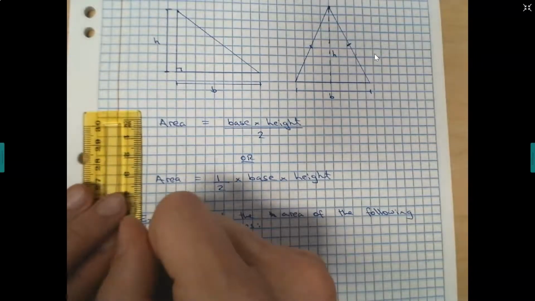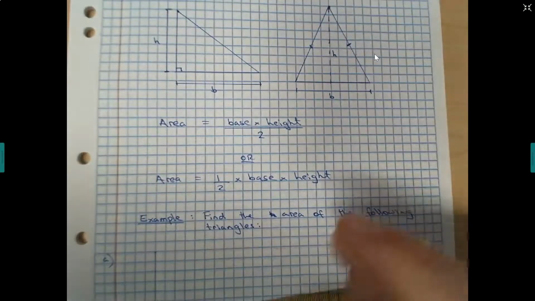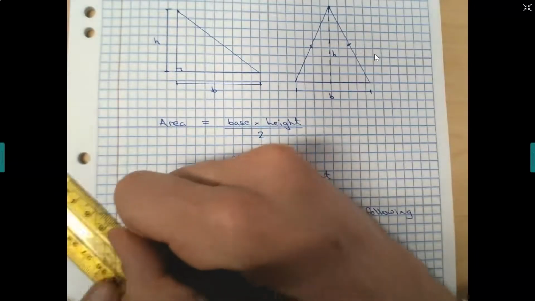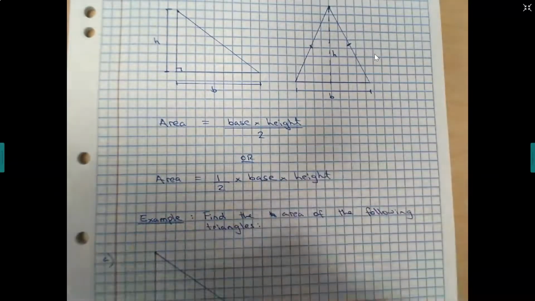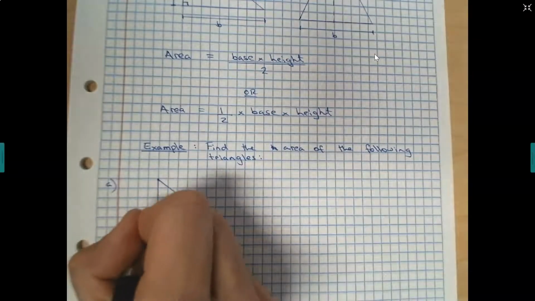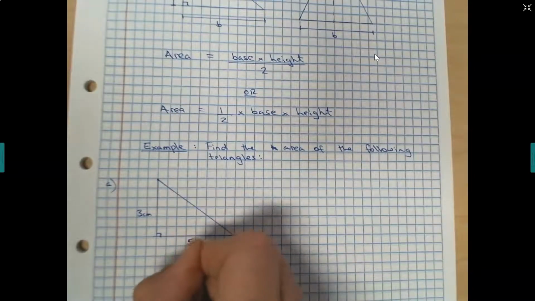So first we'll do a right angle triangle. And we'll say that this length here is 3 centimeters, and this length here is 5 centimeters.